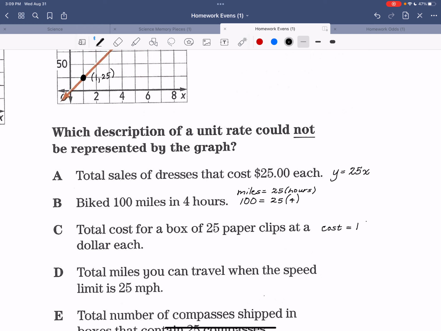So that would be $1 times the number of clips. The total miles you can travel when the speed limit is 25 miles an hour. So miles would be 25 times hours.